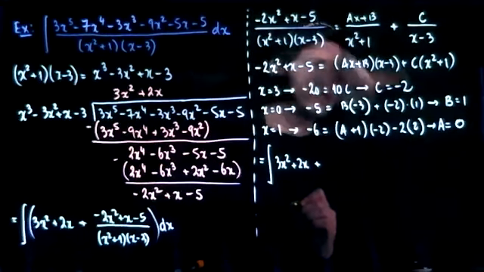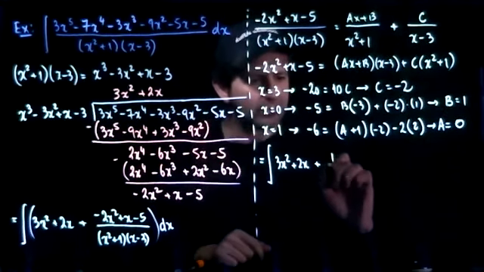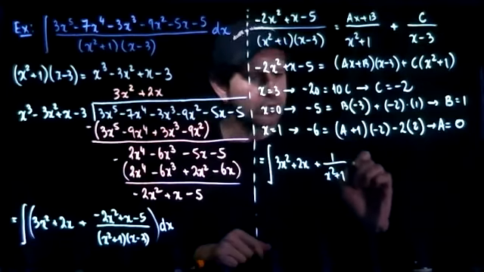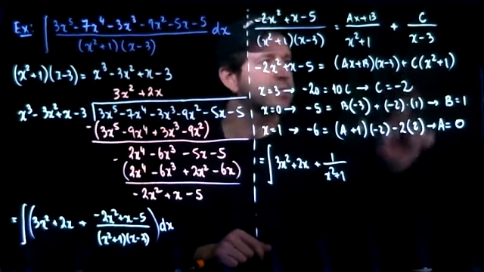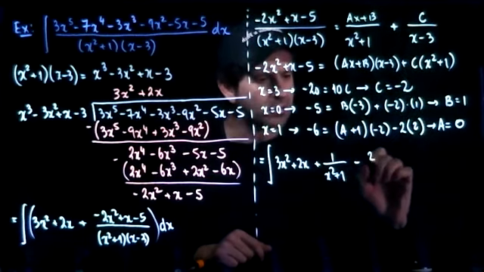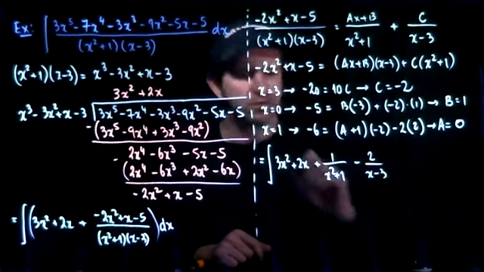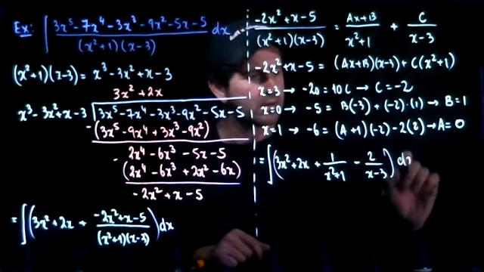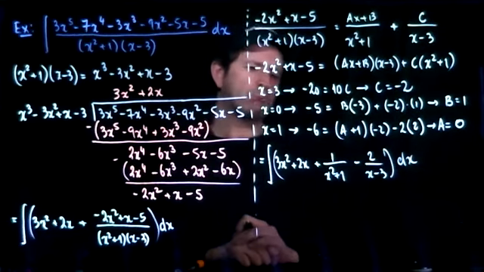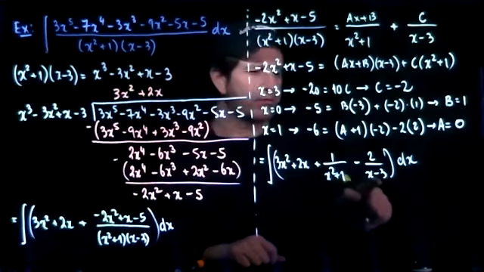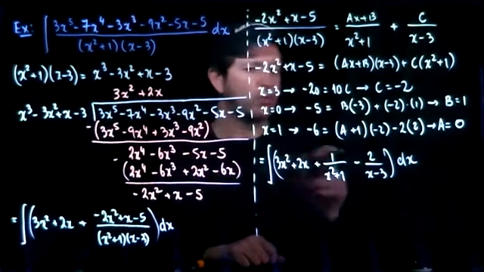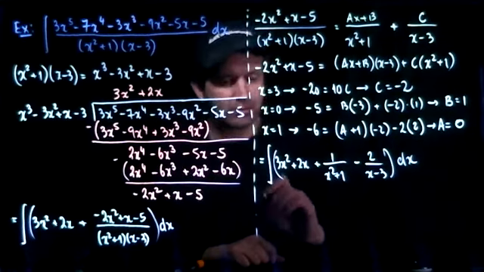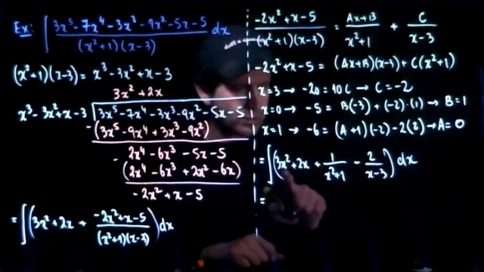A is 0, b is 1, so I have 1 over x2 plus 1, and c is negative 2, so minus 2 over x minus 3 dx. Okay, so 1, 2, 3, 4 terms, 4 separate integrals, thanks to the linear properties of the indefinite integral, and I could just integrate each one.